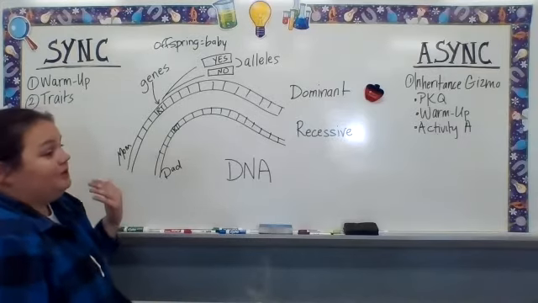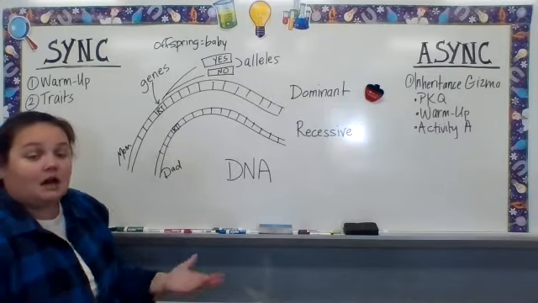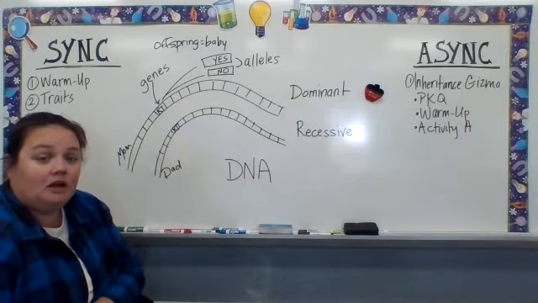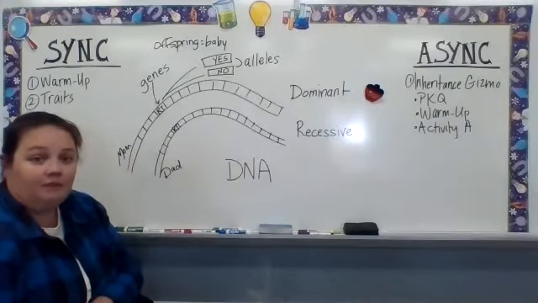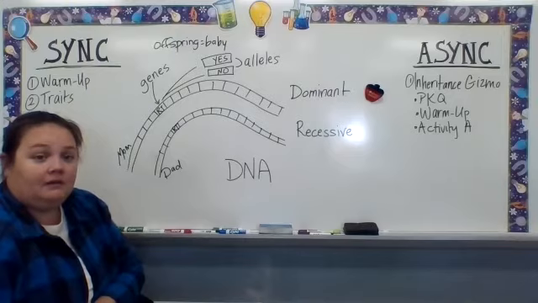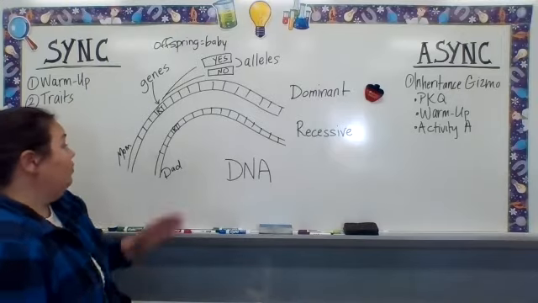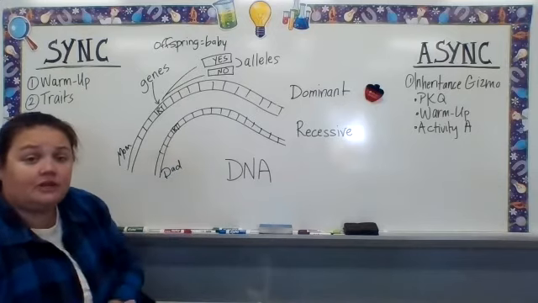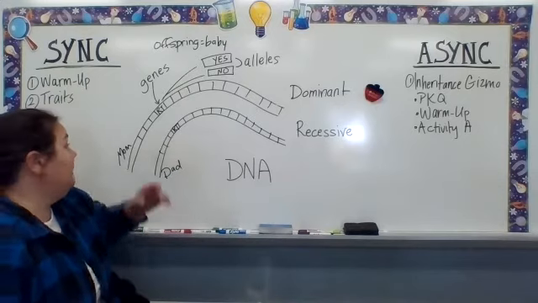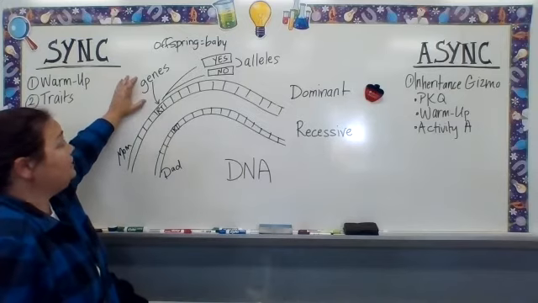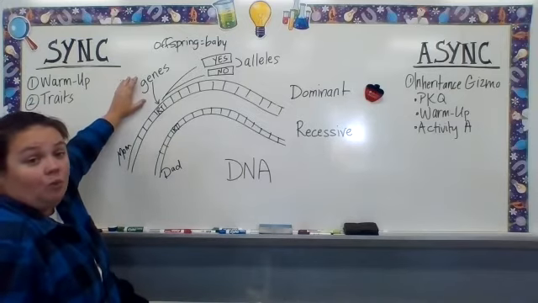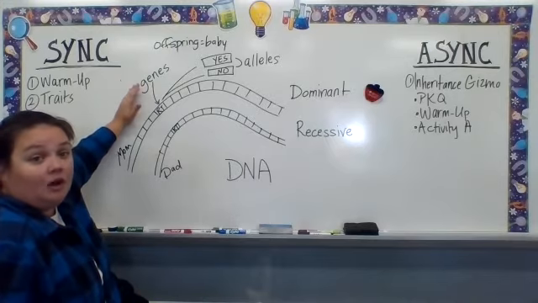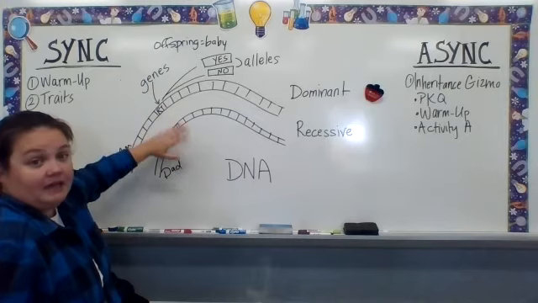Okay, when things reproduce sexually, you get a combination of DNA from the mom and the dad, the biological male and the biological female. Thumbs up if you're with me. All right, when we break DNA down, our traits, our physical characteristics are controlled by these smaller things called genes, and you get one copy of each gene from your mom and one copy of each gene from your dad.